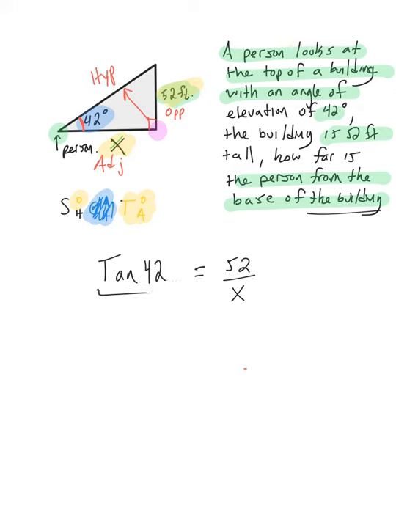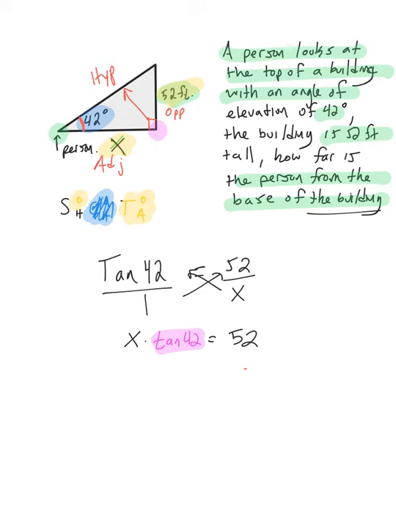Probably the easiest way to understand, based on what we've been doing in our class, is put the tan 42 over 1, cross multiply, you get x times tan 42 equals 52 times 1, which is just 52. And the most important thing here is for you to recognize that tan 42 is one number. We cannot separate the tan or the 42.